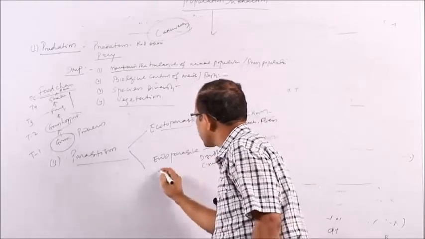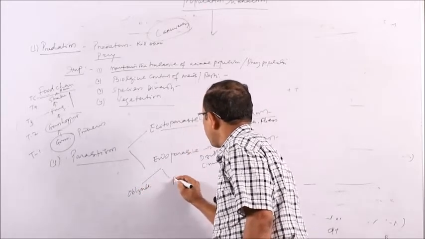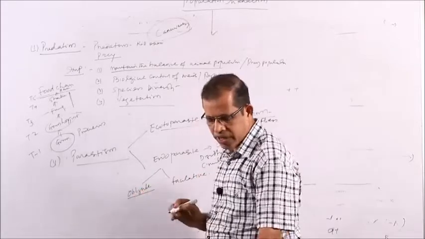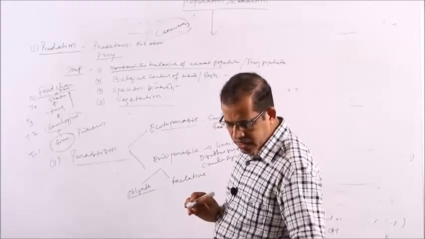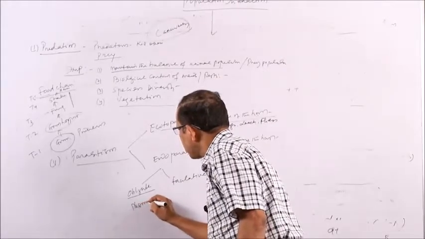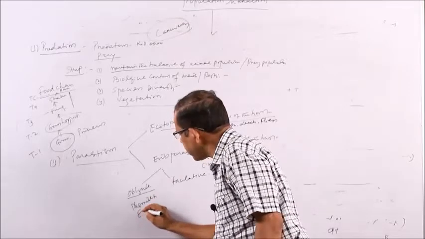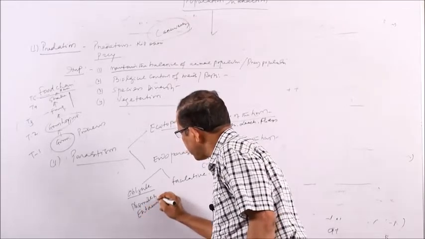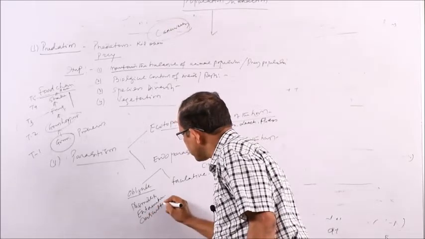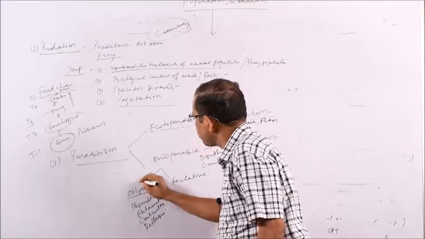This endoparasite can be of two types, obligate parasite or facultative parasite. Obligate parasites include Plasmodium and Entamoeba, and in plants Cuscuta, Nirmuli and Rafflesia. So these are your obligate parasites.